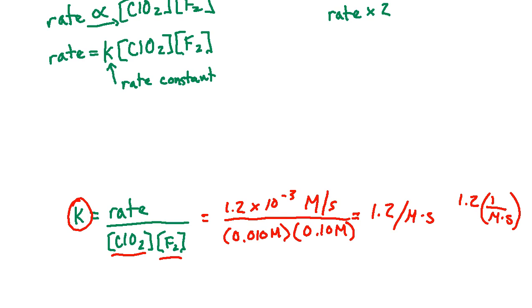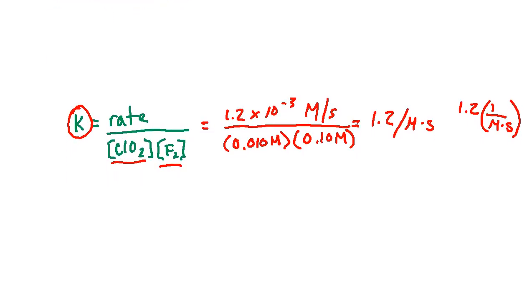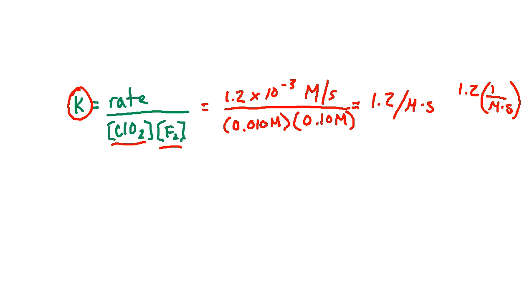Now, how about if we wanted to determine the order of the reactants themselves? So if I take a look at rewriting my rate equation, I can say that rate is going to be equal to K, and I'm going to express it in a different way. So K can be [A] with a small a up here, and then it can be [B] with a small b up here.